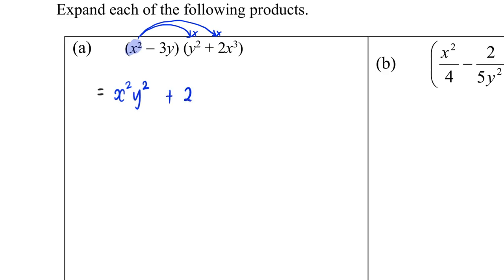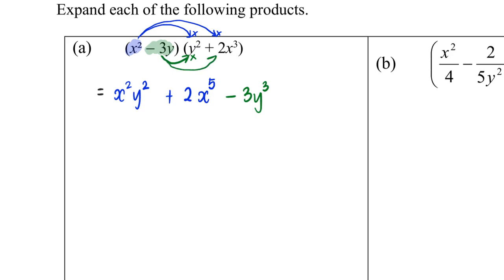I will have them multiplying by positive 2x cubed, 2x power 5. Okay, because there are 5 of the x: x times x times x times x times x, 5 times, x power 5. Something to take note of, okay? Negative 3y multiplied by y squared, negative 3y cubed.